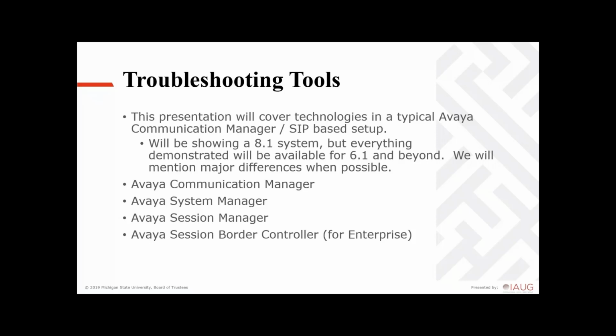As you probably know, there are some slight variations between different versions in System Manager, but pretty much all the same tools are available for you. We are going to be talking about Avaya Communication Manager. Specifically, I'm on a 7.x release of Communication Manager, but I will still show those types of things via System Manager, obviously the 8.1, Session Manager 8.x, and the Avaya Session Border Controller for Enterprise as well.